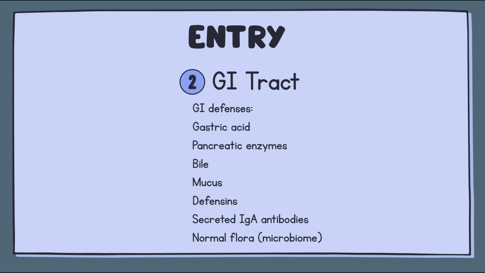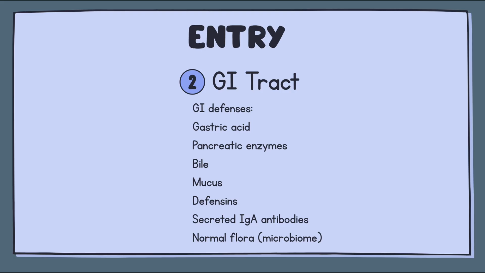The microbiome can actually protect us from infections because the microbiome is using this environment and the nutrients and everything. So it's competing with the pathogens and it's not allowing the pathogens to multiply and live because they don't have enough nutrients or a good environment.